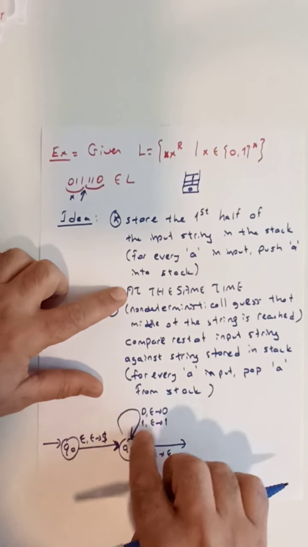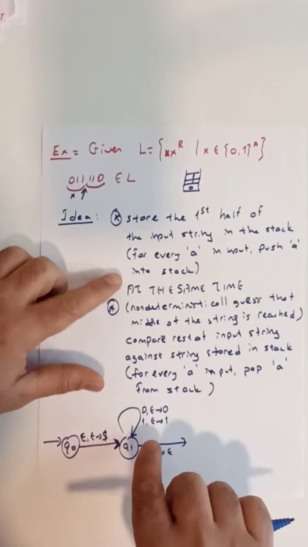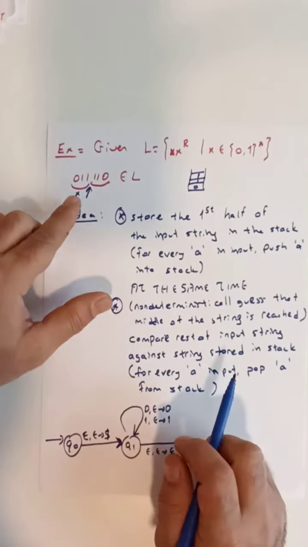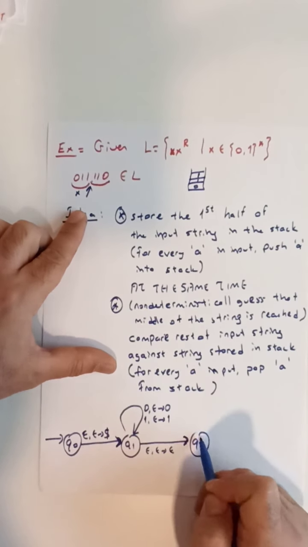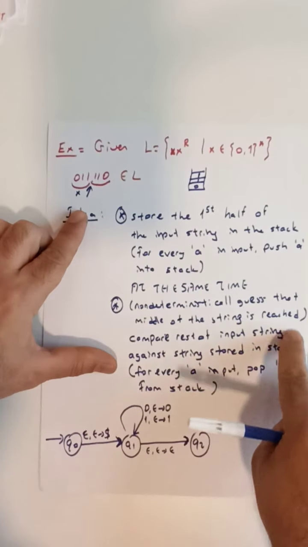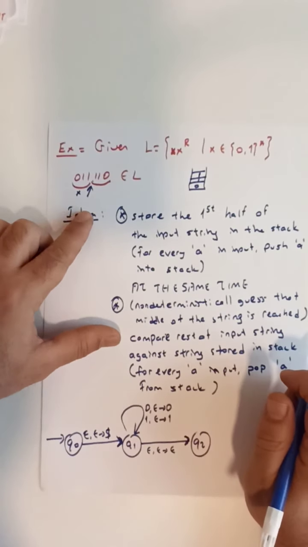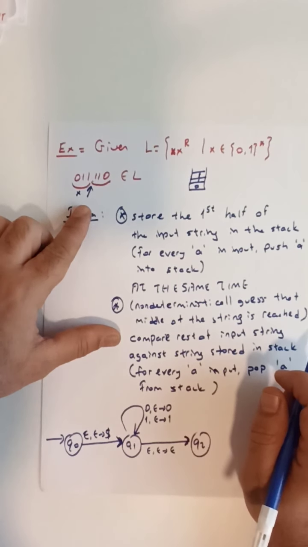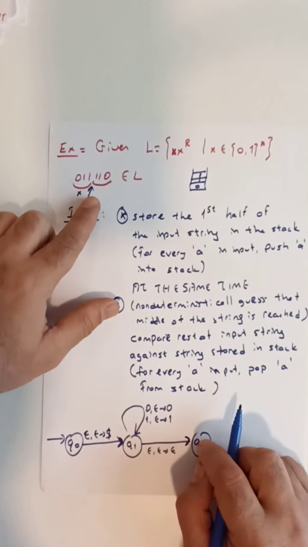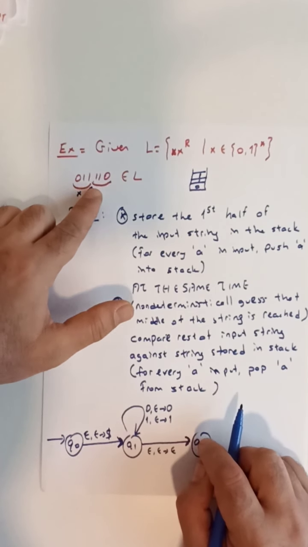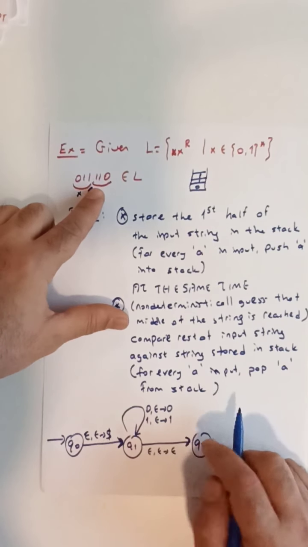While doing these storings, for every symbol that you have reached, make the guess that you have reached the middle of the string, and go on to implement the second half of our idea, which assumes that you have reached the middle of the string. Now keep on reading symbols from the input and removing the exact corresponding symbols from the stack.